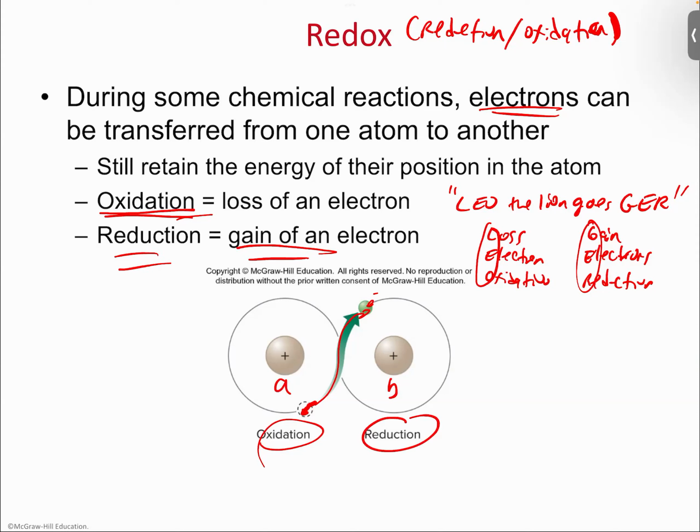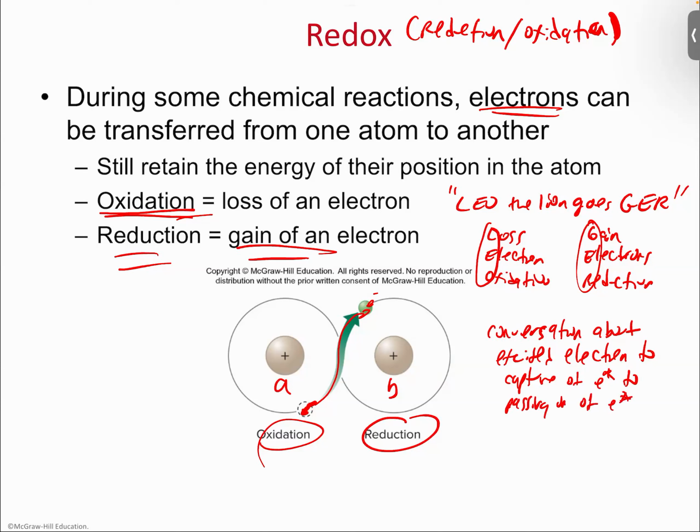Now, why are we talking about this in the case of metabolism? This is the reason why. Where did we start this conversation off? We started off the last slide, didn't we? We go from a conversation about what? Excited electrons, yes? To the capture of E asterisk, to the passing on of E asterisk.